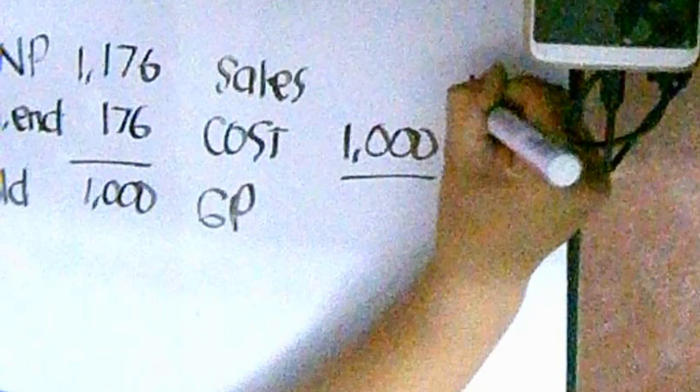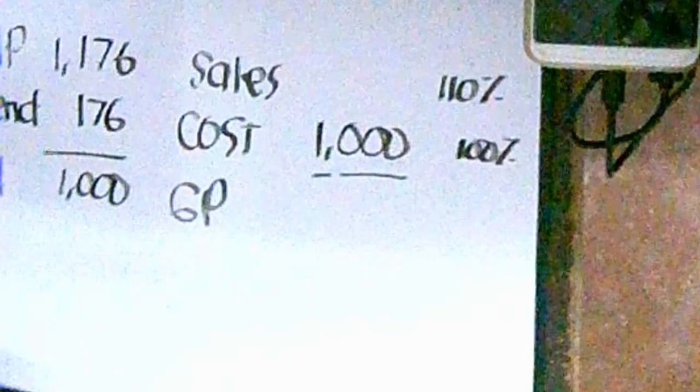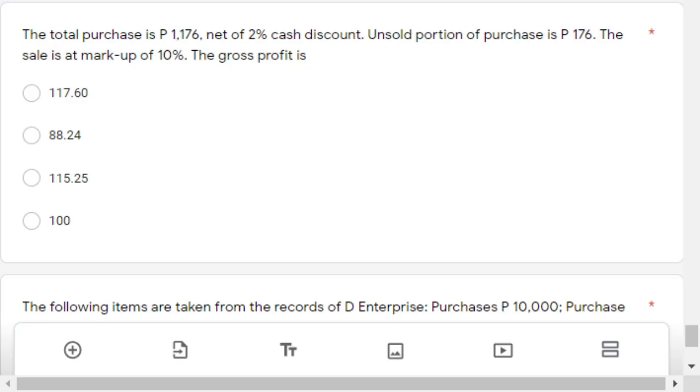So, ibig sabihin, 1,000 times 1.10, so that's 1,100. Ibig sabihin, yung gross profit natin is 100 pesos. So, yung 10%, yun yung gross profit natin. So, yan yun ha, 100 pesos.